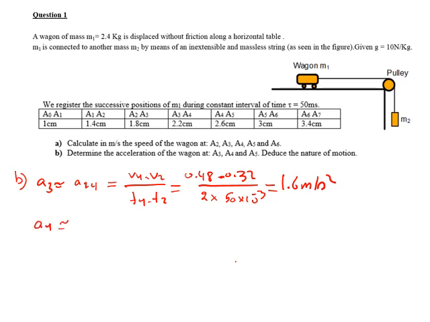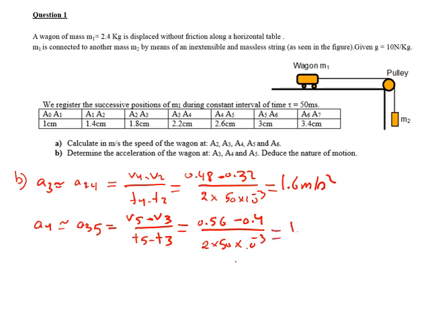A4, it is A35, equal to V5 minus V3 over T5 minus T3, equal to 0.56 minus 0.4 over 2 times 50 times 10 power minus 3, equal to 1.6 meter per second square.